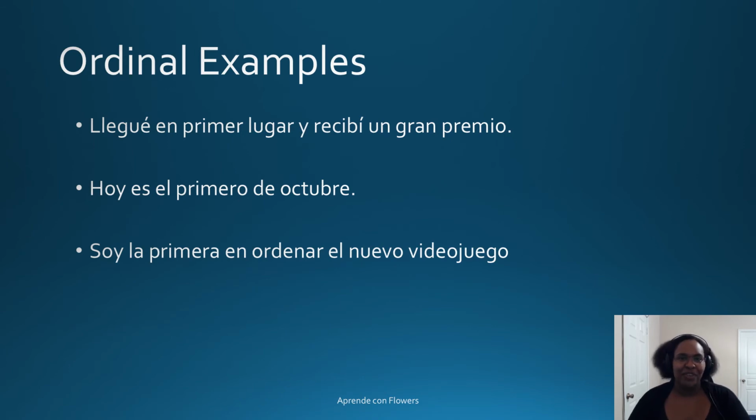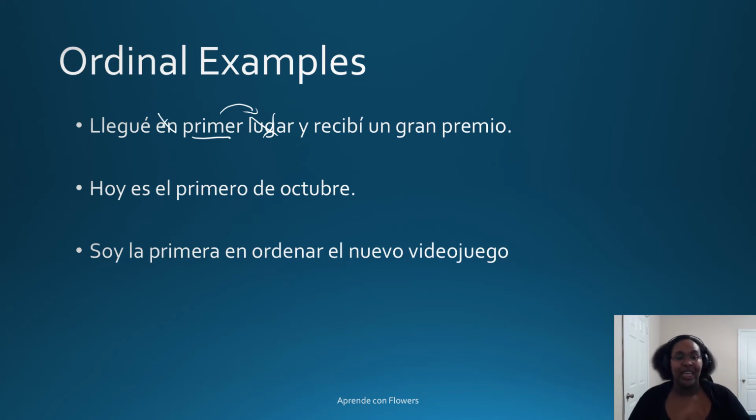So let's look at a few ordinal examples. The first one is, llegué en primer lugar y recibí un gran premio. As you can see, we are using primer. Why primer? Because primer is describing lugar, which is el lugar. Now, if we just took out lugar, and we would have to take out en, right?